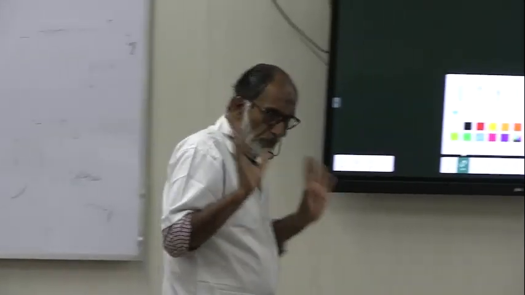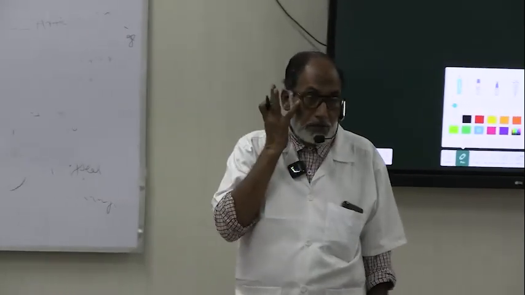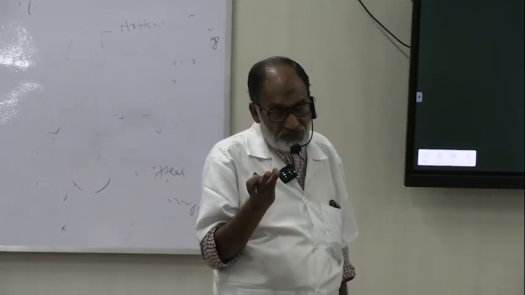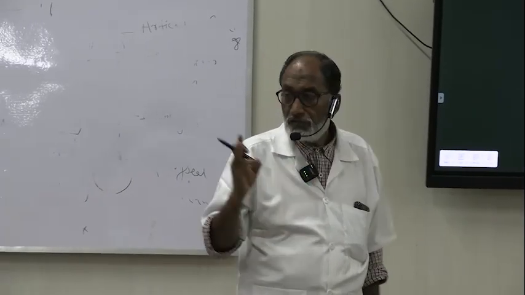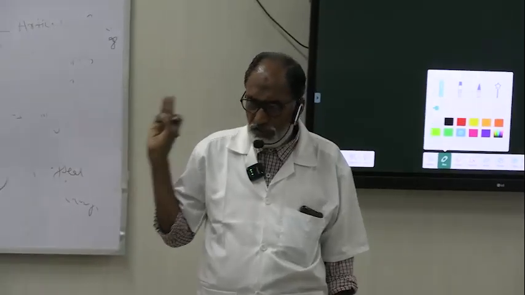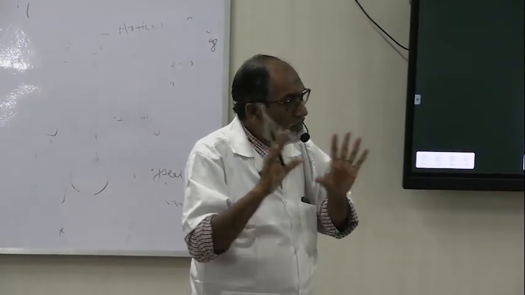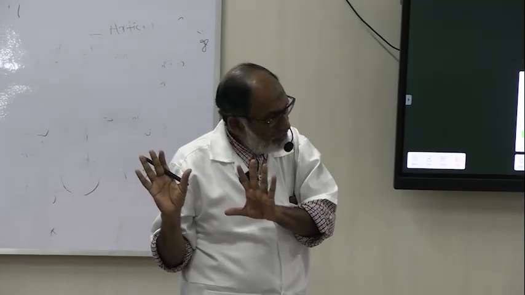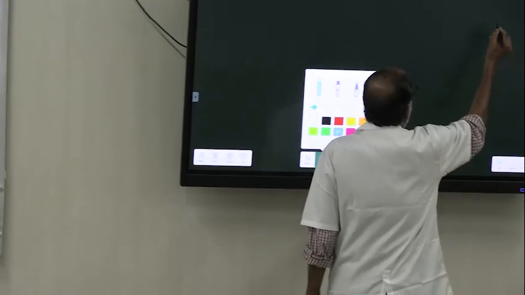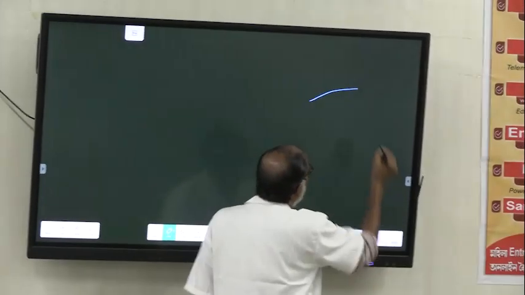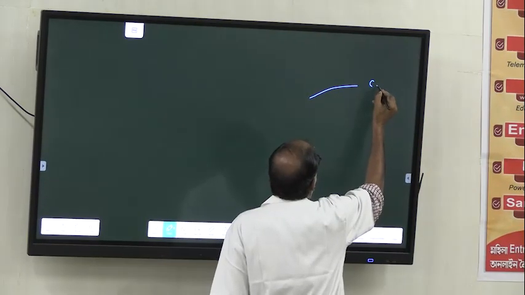So total 31 pairs. Now out of these 31 pairs, cervical 5, 6, 7 and 8 plus the first thoracic nerve, these 5 nerves will form brachial plexus. Right? Now suppose this is C5, cervical 5.